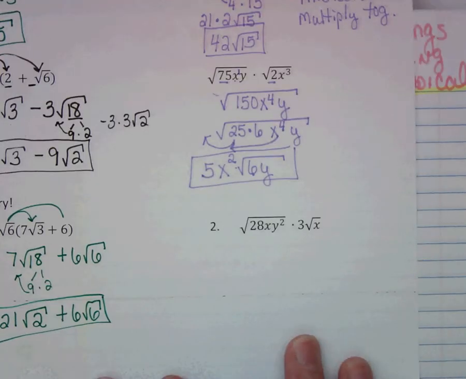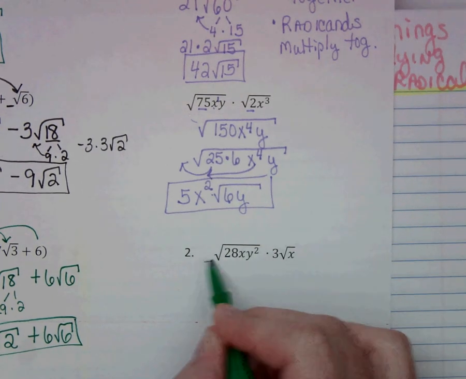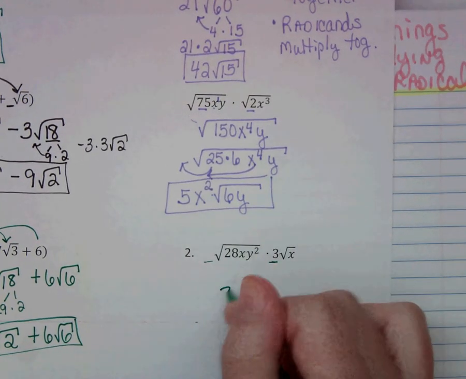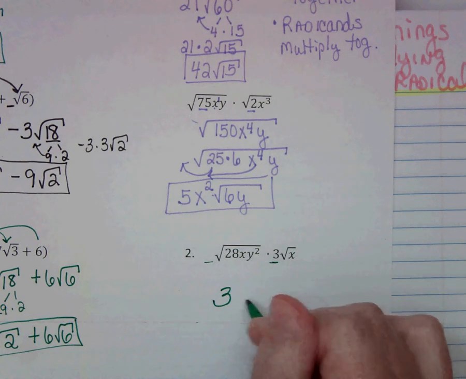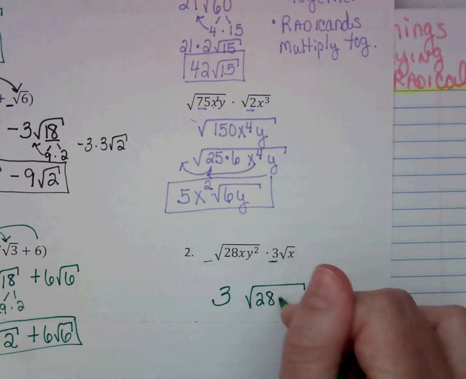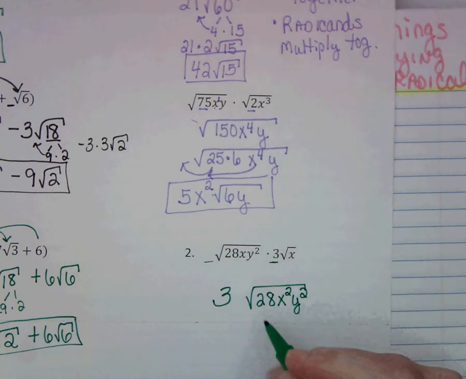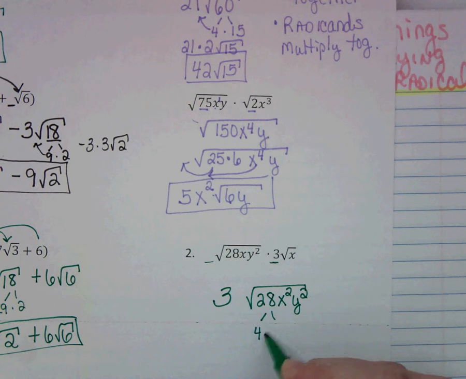Okay, here's another one. The next one you were to try. I'm going to go ahead and multiply together. There's nothing to put the 3 with, so it's just going to be 3 out front times the square root of 28 x squared y squared. 28 would break down to 4 times 7.